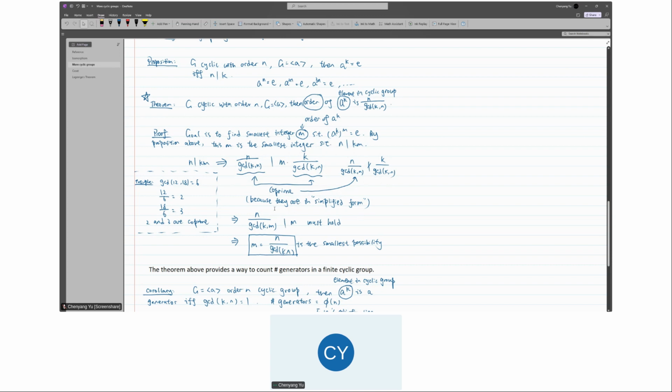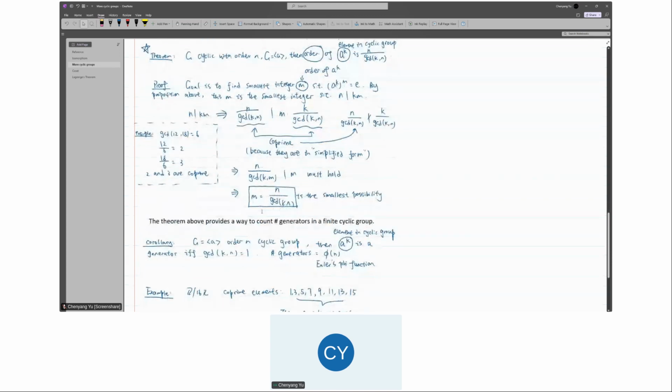Our conclusion is n over GCD must divide m. What does it mean? It means m equals n over GCD times some integer.